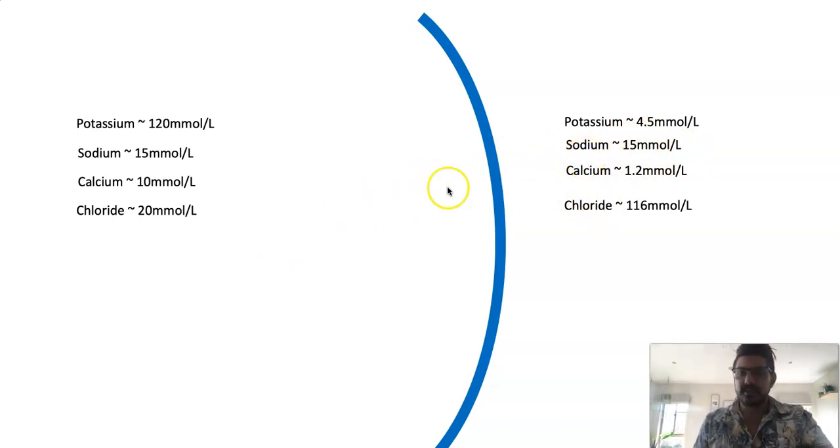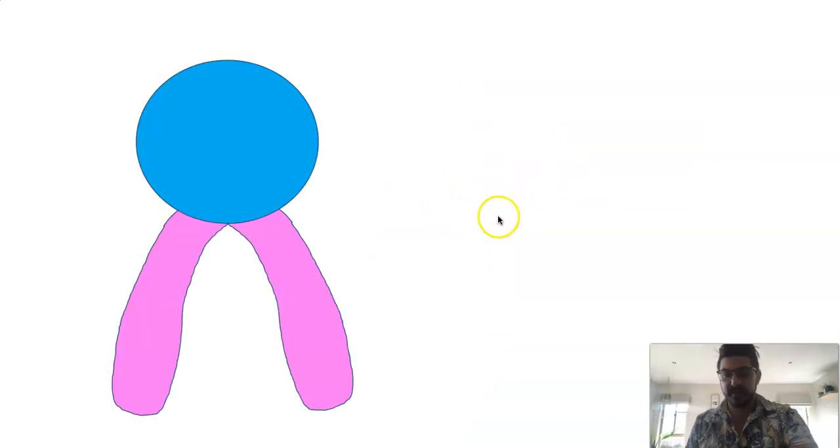And this is constantly changing, so there's things going across this barrier all the time. And it's important that we keep this balance. Keeping this equilibrium is one of the key roles of the plasma membrane.